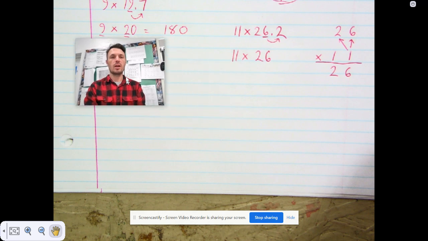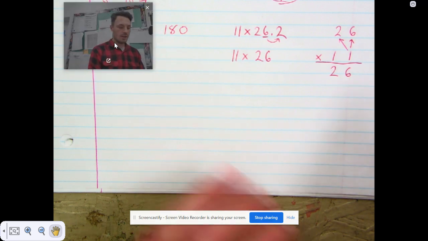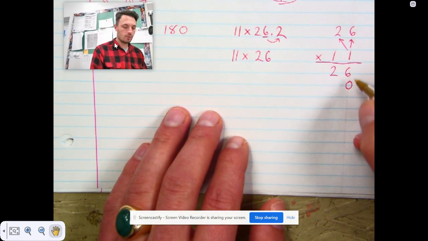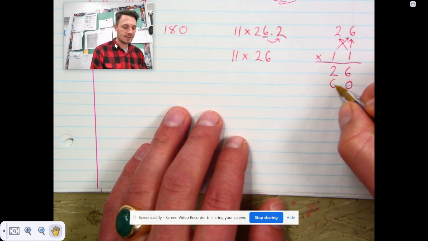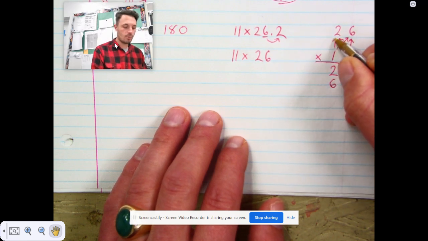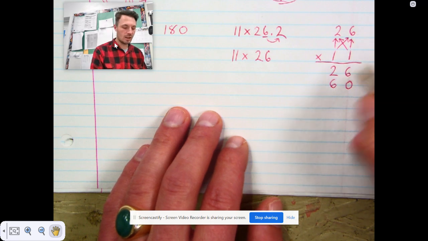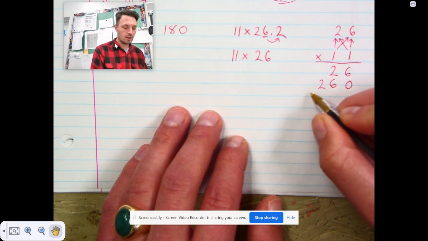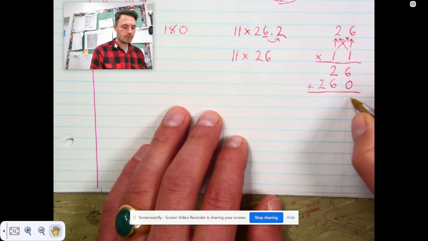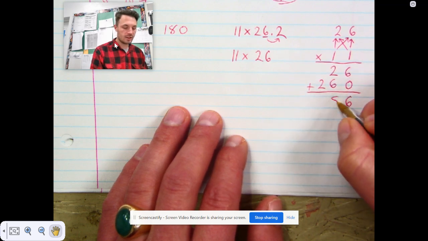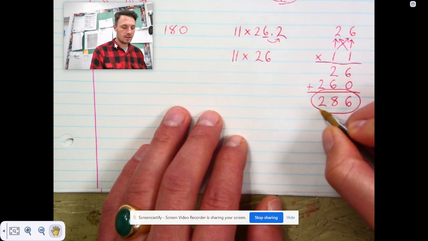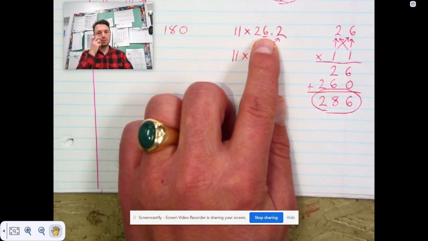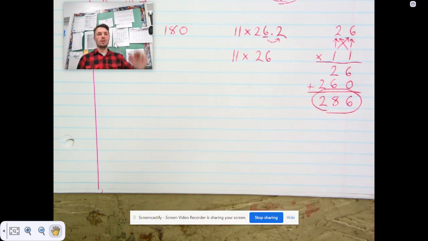Now we put our placeholder tens place on bottom by ones place on top. 1 times 6 is 6. And then tens place on bottom by tens place on top. 1 times 2 is 2. Now we add. 6 plus 0 is 6. 2 plus 6 is 8. 2 plus nothing is 2. It's 286. So 11 times 26 and 2/10 is about 286.